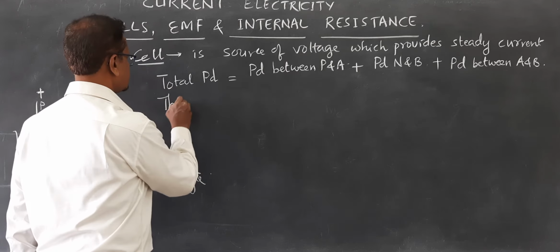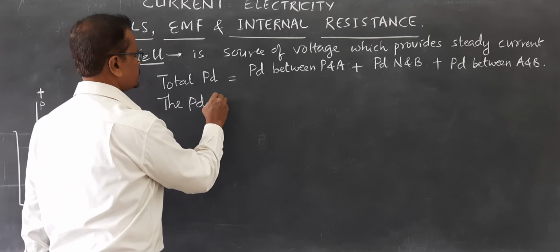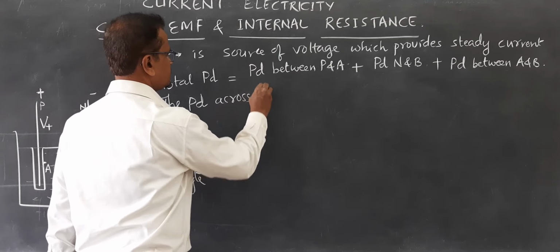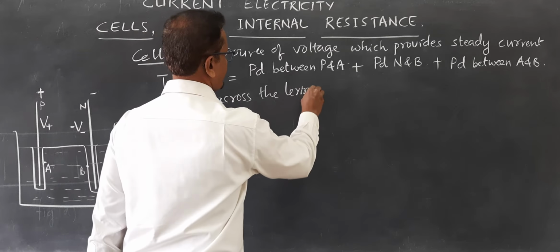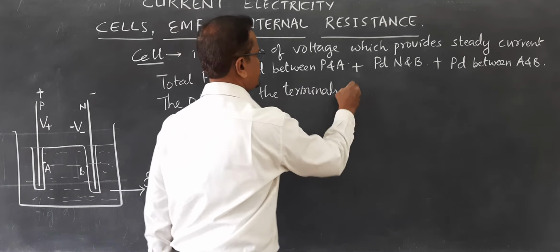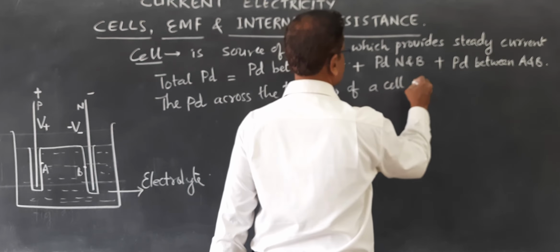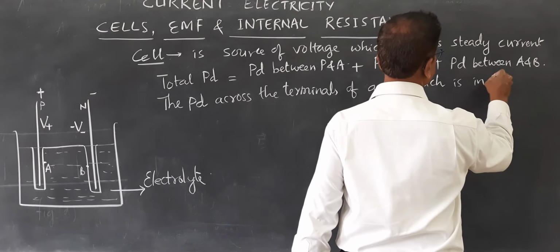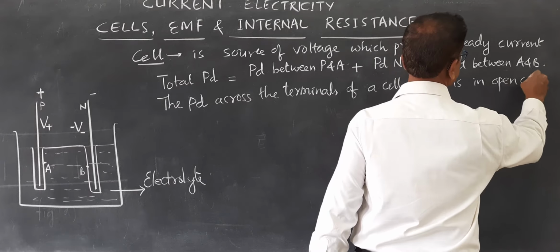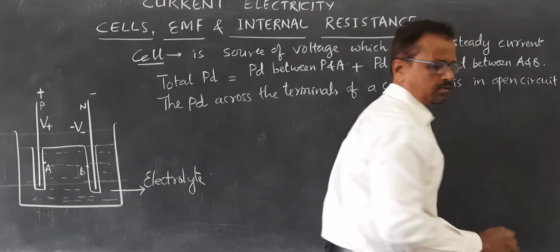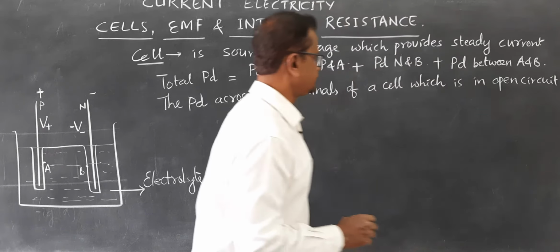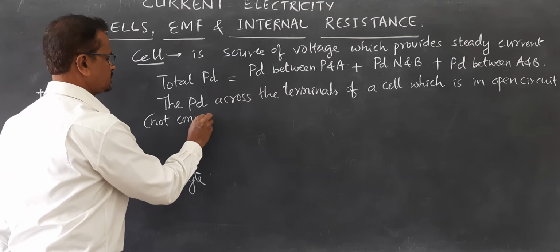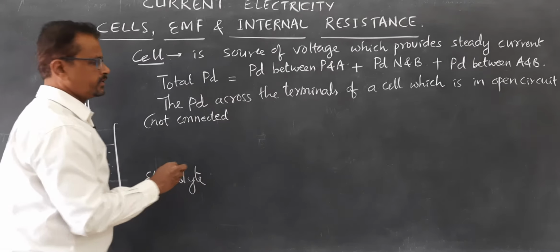The potential difference across the terminals of a cell which is in open circuit, means not connected to the external circuit.